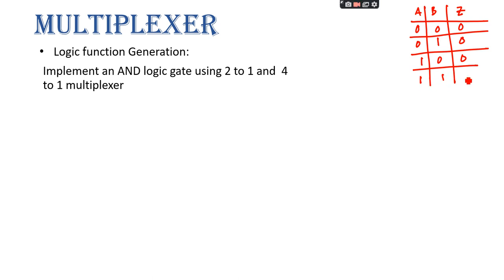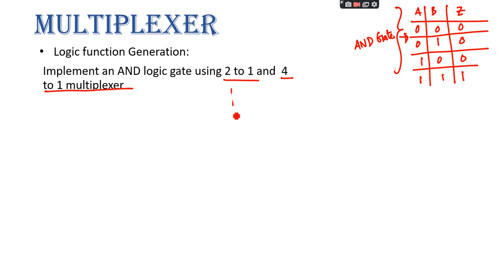When it is 1 1, the output should be 1. That is the truth table for AND gate, right? True, sir. So we have to implement this AND gate first using 2 into 1 multiplexer and then 4 into 1 multiplexer. You are getting what we are trying to do, right?